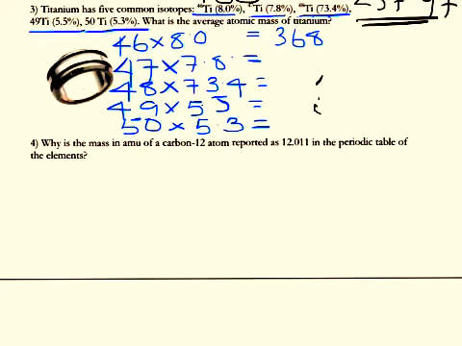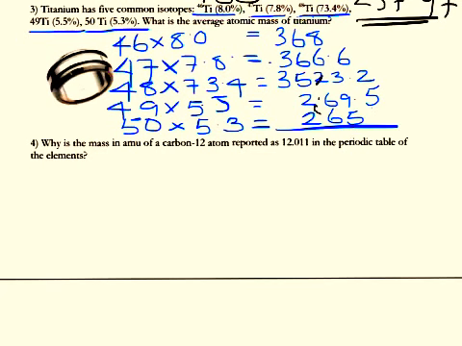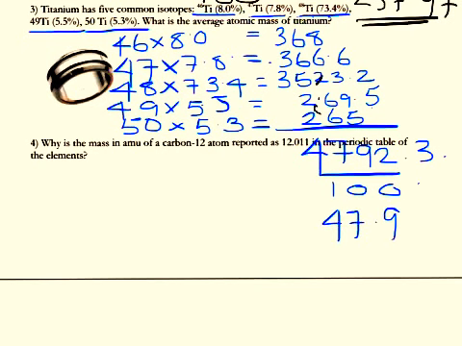What you should get when you stick it into your calculator is 368, 366.6, 3523.2, 269.5, and 265. So if we add those all together, what you should come to is 4792.3 over 100, which means that your relative atomic mass of titanium is going to work out at 47.92.